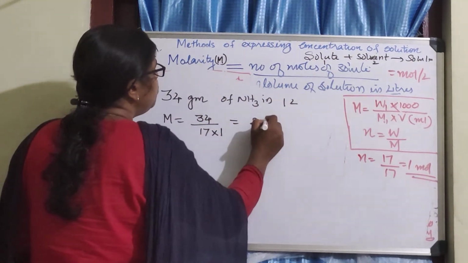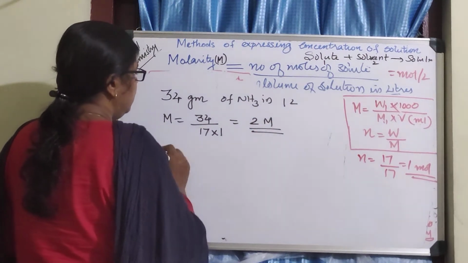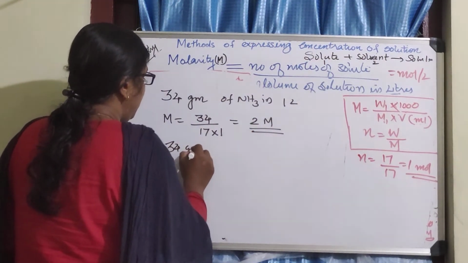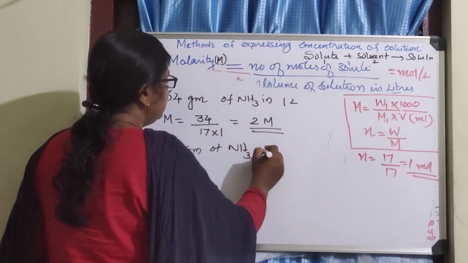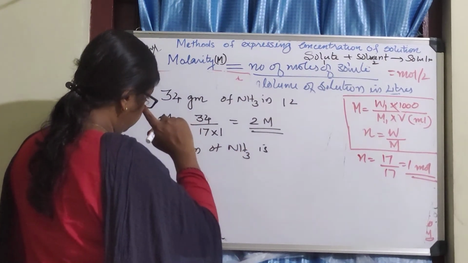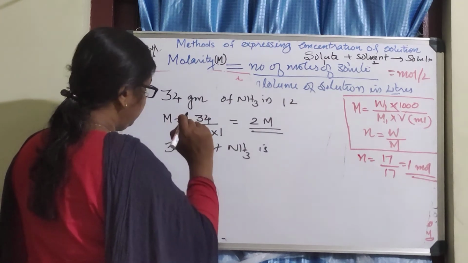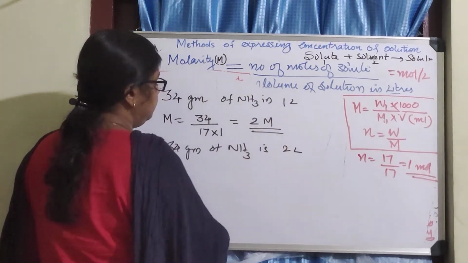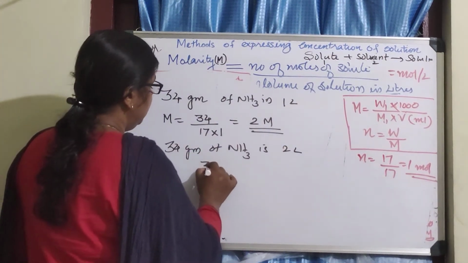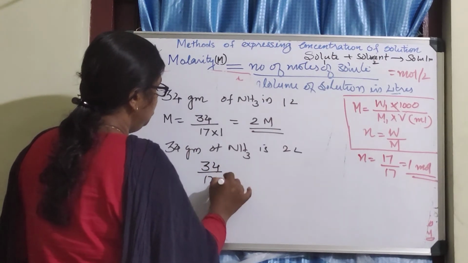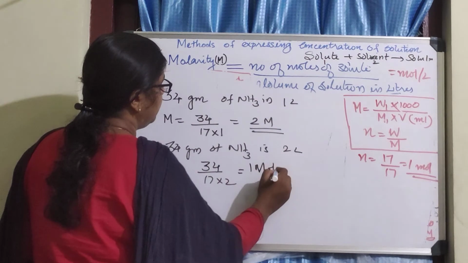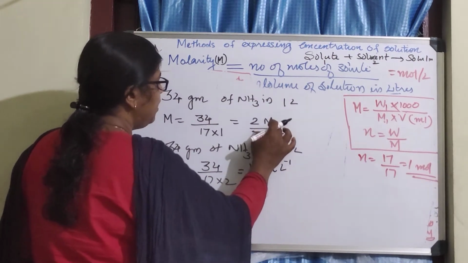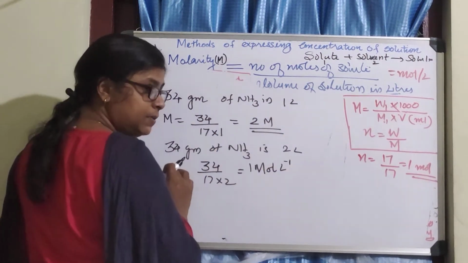It is a 2 molar solution. Again, if 34 gram of NH3 is dissolved in 2 liter, what happens? 34 by 17 into 2, that is equal to 1 molar solution. 1 molar എന്ന് എഴുതിയാലും mole per liter എന്ന് എഴുതിയാലും same ആണ്.